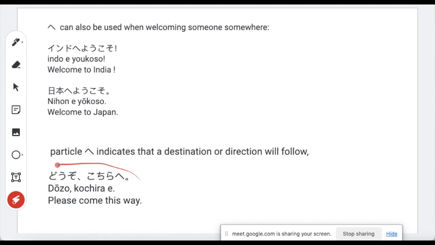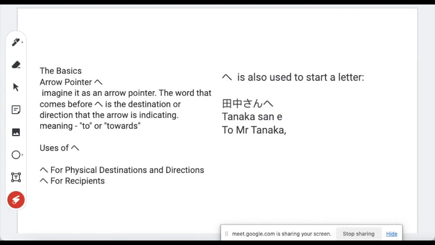This is a very specific use, and we only use the 'e' particle in this case. Also when welcoming someone, you have to use the 'e' particle, not 'ni'. And at the start of a letter, if you are addressing somebody else, you write 'e'. Okay, but we saw one example, this one.